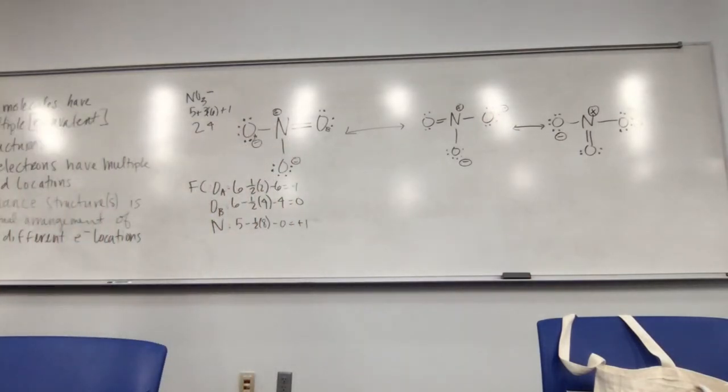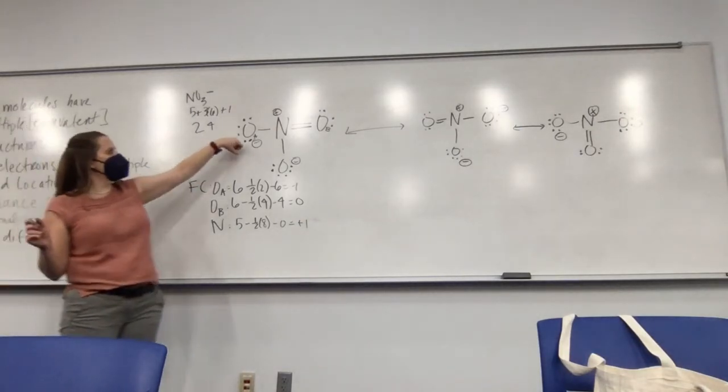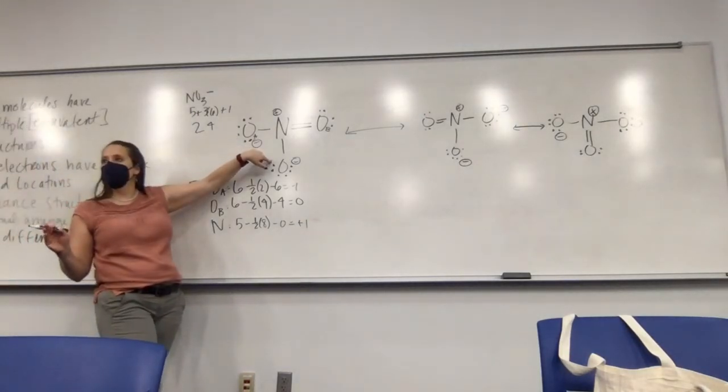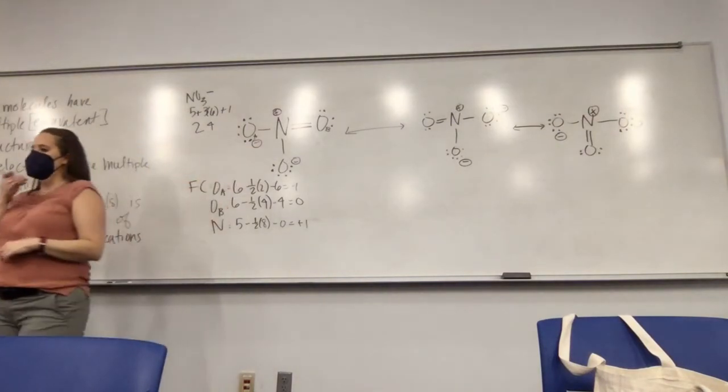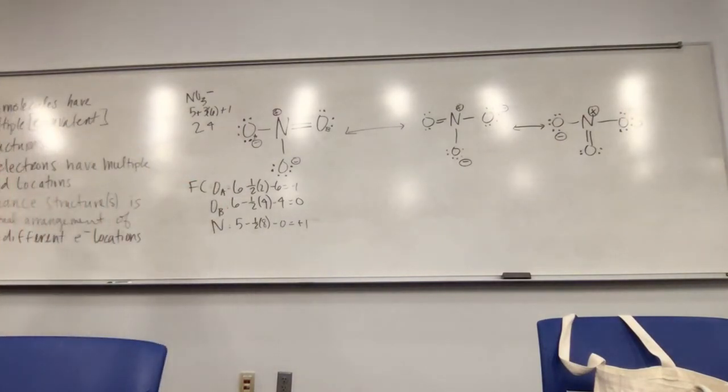Questions about resonance structures? Why do you do only 2 of the oxygens when there's 3? Because this one and this one look the same. So if they're the same structure, and we all think about how to be faster, you don't need to calculate the formal charge on both.